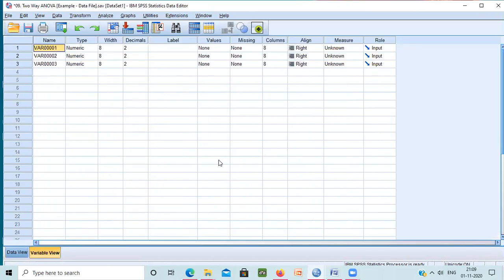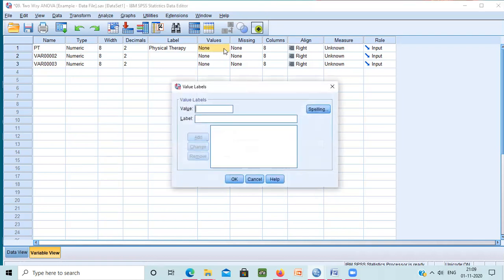The first one is physical therapy. I'm just writing it in short form, PHYSICL, physical therapy. Here we are going for the values.